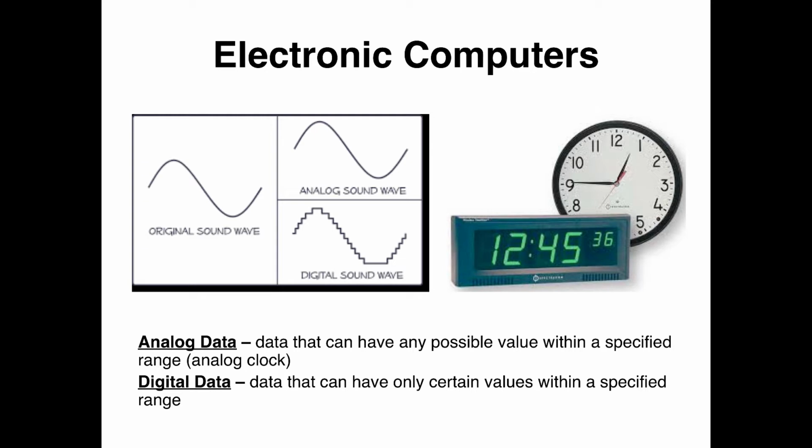And you can see by using these little stair steps that a digital sound wave also can only have specified values. So almost all, and I would say probably by now, all modern computers are digital computers. That is, they work with data that has expressed values as opposed to any possible value.